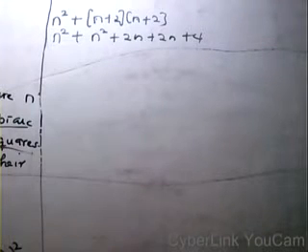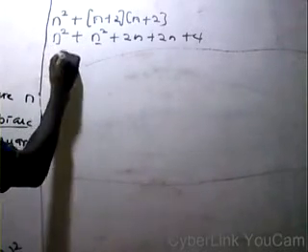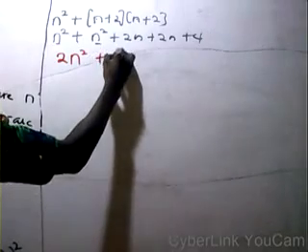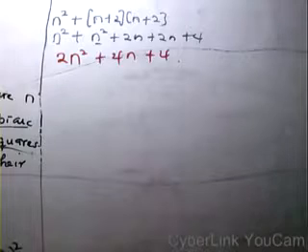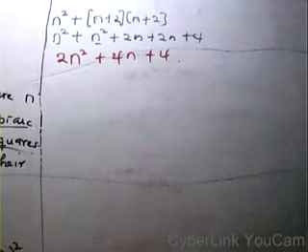So everything together, n squared and n squared, we have 2n squared plus 4n plus 4. That is the expression for the sum of their squares.